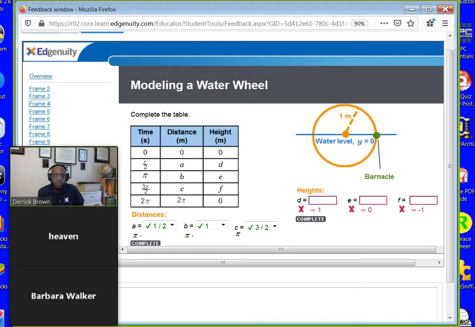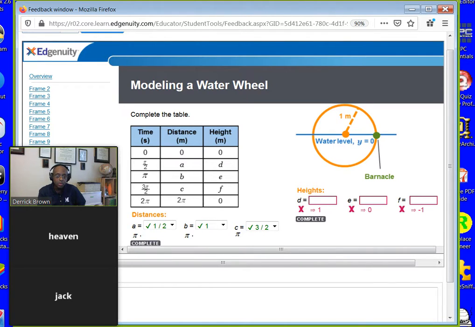It'll return to a water level of 0 at pi radians. It'll hit the maximum height at 3 pi over 2 radians. Then it comes back to the minimum height at 2 pi radians. See that? All right. And that's how you see at time 0, you're at a height of 0.